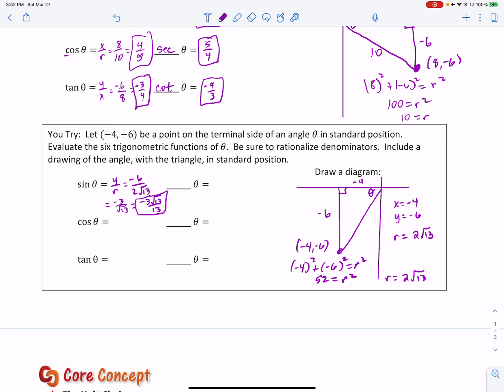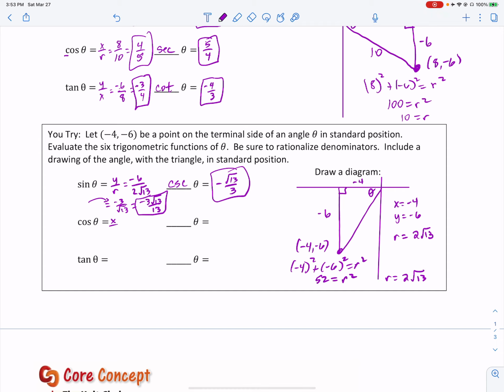And then the reciprocal of sine is cosecant. And so I would be thinking about the form before you rationalized, because when I flip it, the denominator will be rationalized. So it's -root 13 over 3.